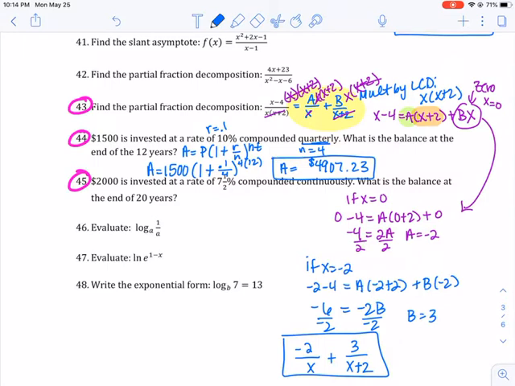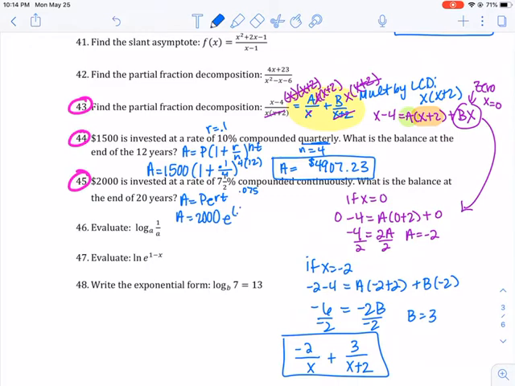Okay, compounded continuously for 45. That's your other equation. A equals P e to the rt. Okay, so 2,000 is invested. So that's your P. e is just e, like the number on your calculator, right? It's 2.7, whatever. We'll leave it as an e. And then the rate, in this case, 7.5 is 0.075.